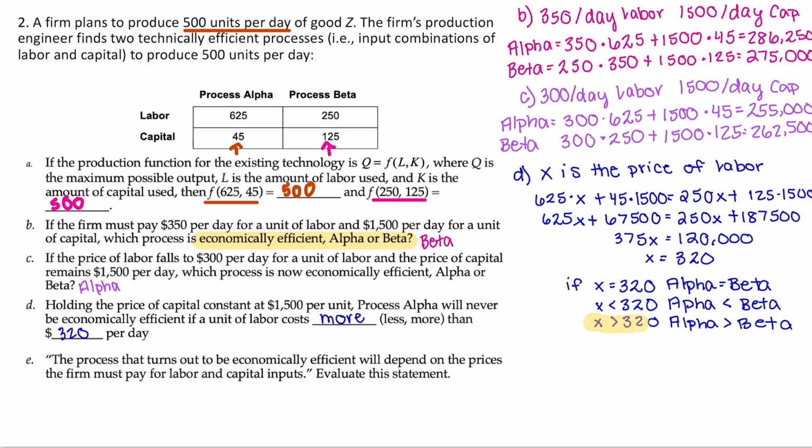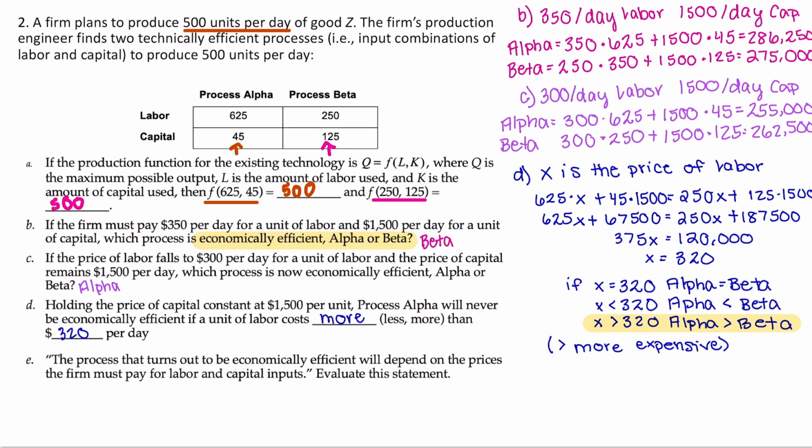And that's what we see right here. Alpha is more expensive. And if it's less than 320, then alpha is less expensive than beta.